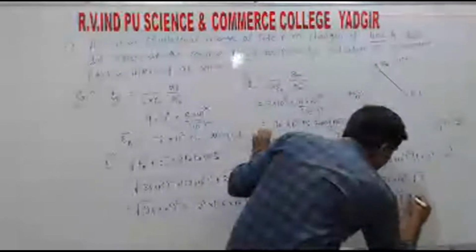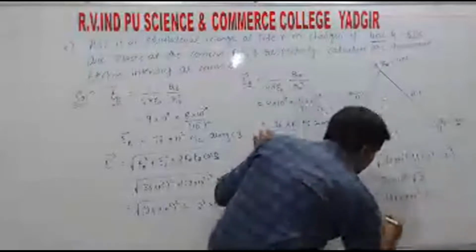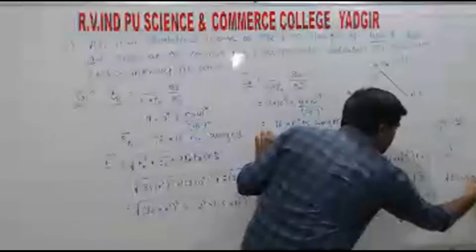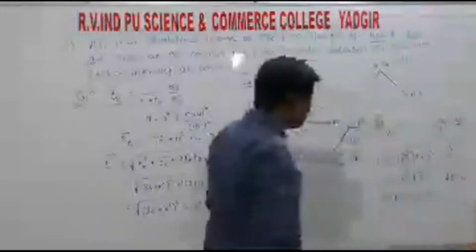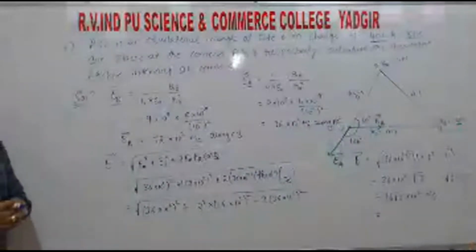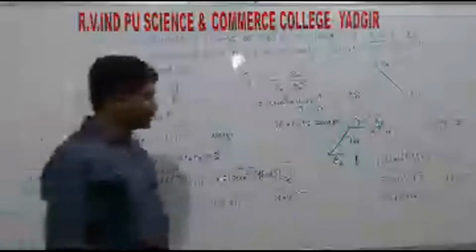We can end up here with Newton per Coulomb. The value of root 3 is 1.73, right? So if you multiply that value, 36 into 1.73, we get the final value, 6235.